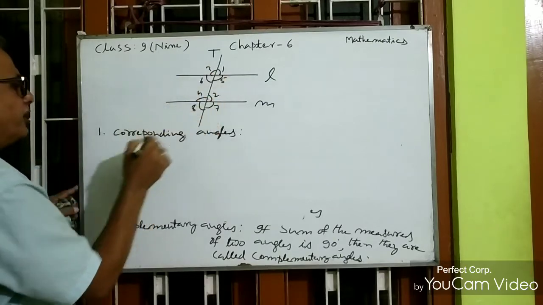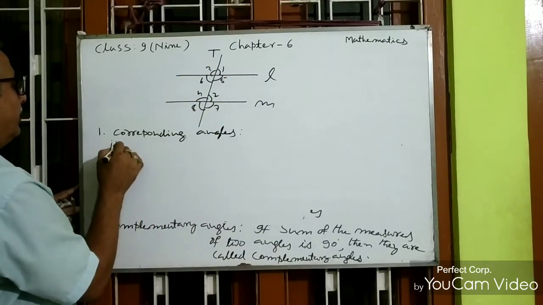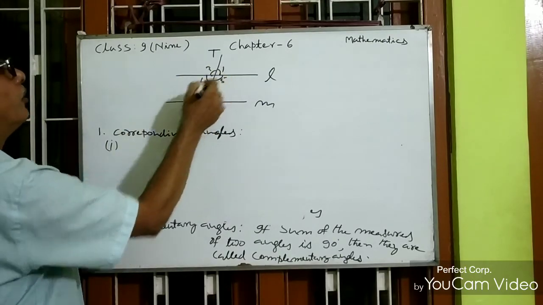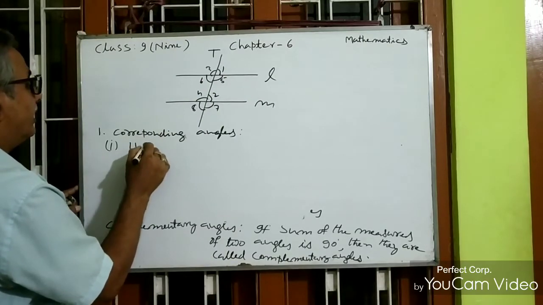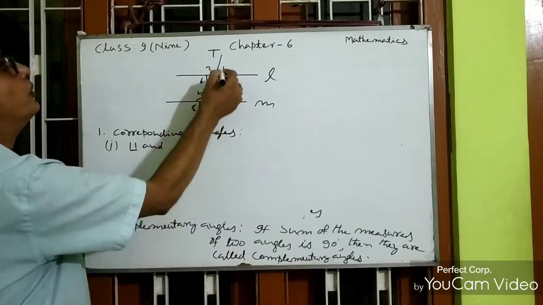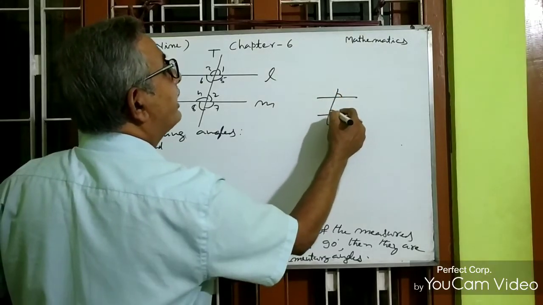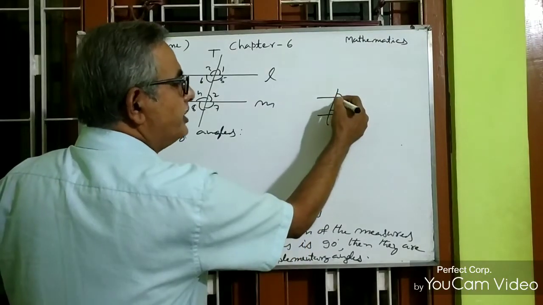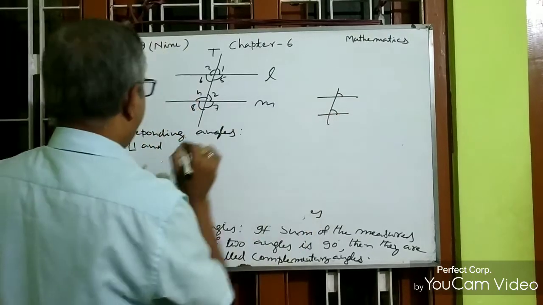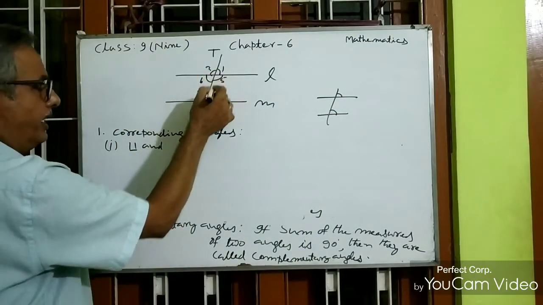You see, many pairs you will take. One pair, angle 1 and angle 2. You see, two lines, and here is above, so here will be above. If here will be down, then here will be down, like that. Angle 1, angle 2.